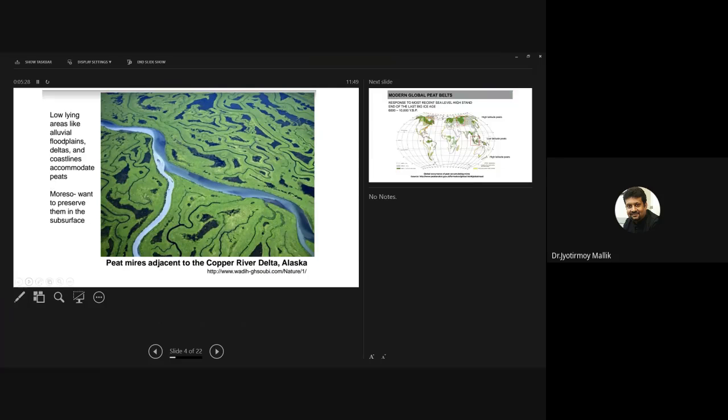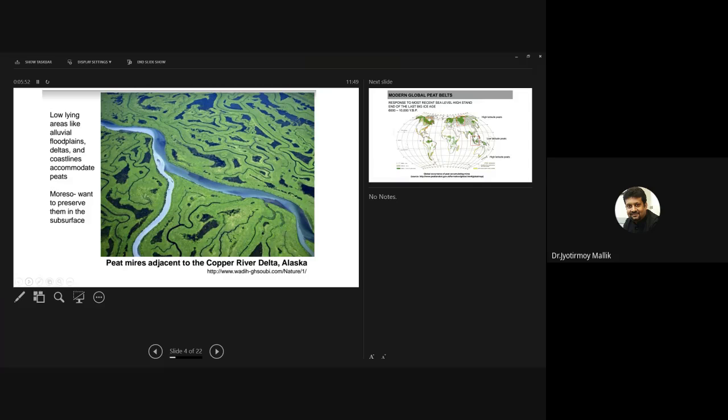Now, we know that the present is the key to the past. If we look at present day peats, this is how it looks, and this is what would essentially form a typical coal reserve, right?